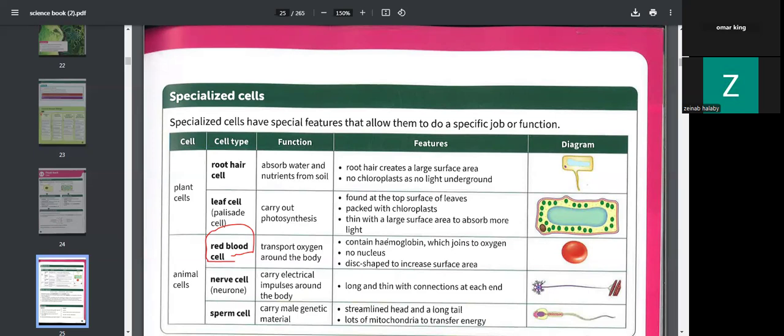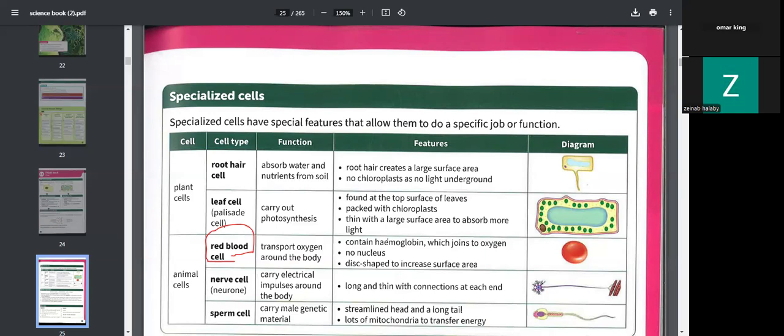Number three, the nerve cell, which is a neuron. It carries electrical impulses around the body. It is long and thin with connections at each end. Number four, the sperm cell, which carries male genetic material.